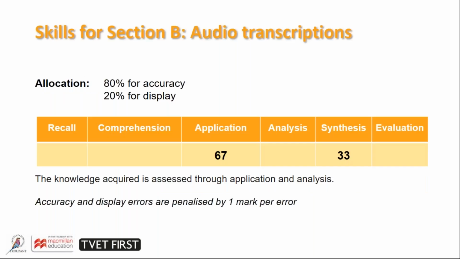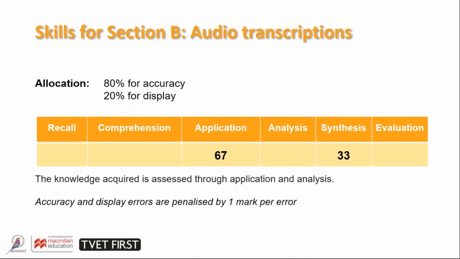If you have a look at the allocation, 80% of your syllabus is dedicated to accuracy, and 20% is for display. What you can do as a lecturer, you focus on your accuracy. You tell your students to first type everything that they see except the instructions, and then they go back and they can do whatever is required of them in the display.